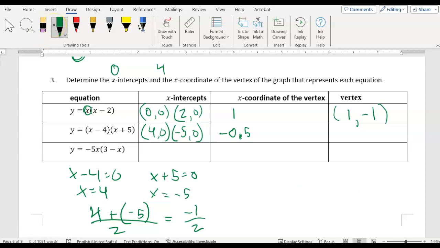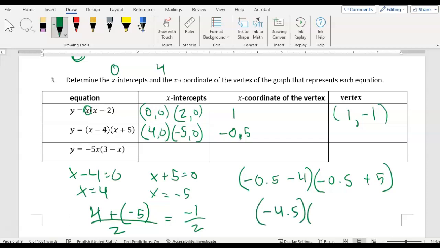Then for the vertex, I'm going to need to substitute and plug that in here. So I'm going to put negative 0.5 minus 4 times negative 0.5 plus 5. We will get negative 4.5 here, and then this will be times positive 4.5 here. You might need your calculator handy for that, but you can go ahead and find that value.